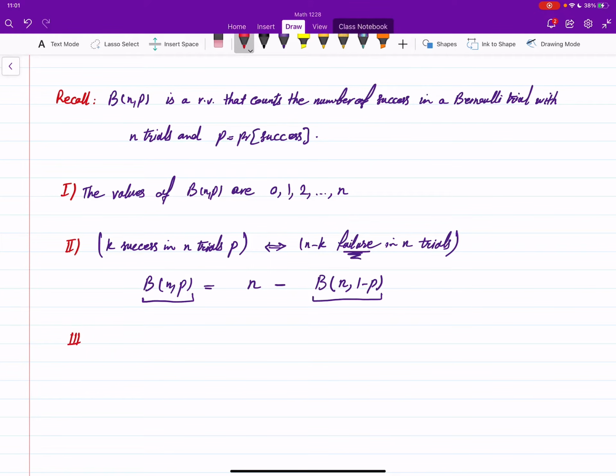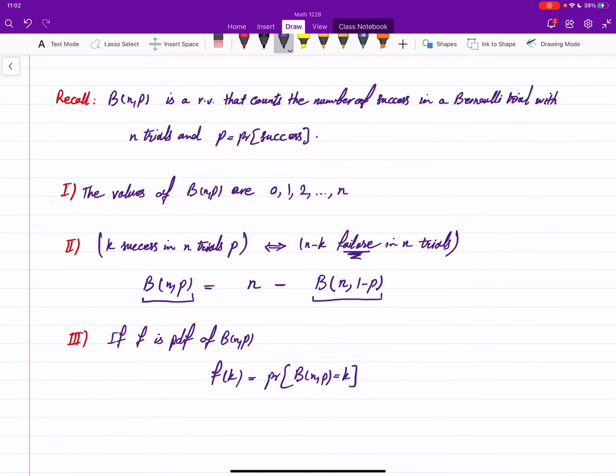But the last thing that we want to learn here as a property is more like the PDF of binomial random variables. We already know how to evaluate those ones. So if f is the PDF of B(n,p), then f at k means what? Means that we are looking for the probability of B(n,p) being equal to k.